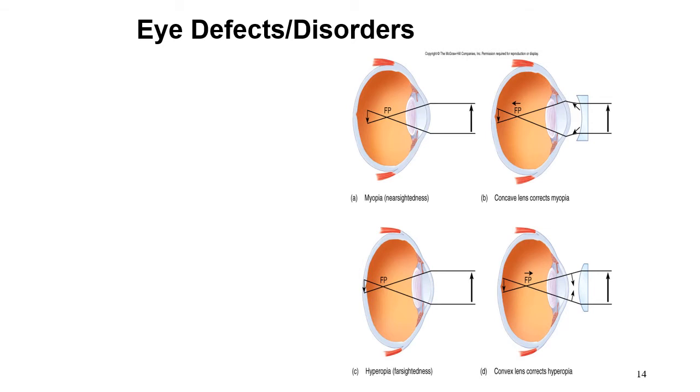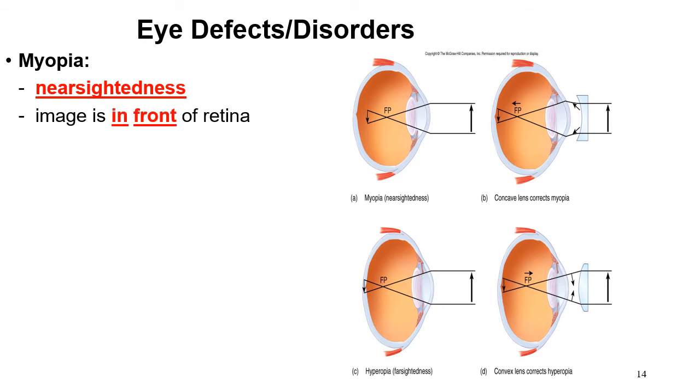Eye defects or disorders. So many of us have been to the eye doctor, we wear glasses or contacts, and we're going to talk about why some of those things are occurring. Myopia. Many of you might be what is called nearsighted. If you're nearsighted, you can see things that are close up like reading, but you have a hard time seeing things in a distance like a stop sign. Hence, you're nearsighted.